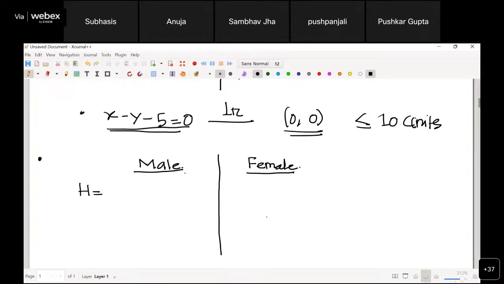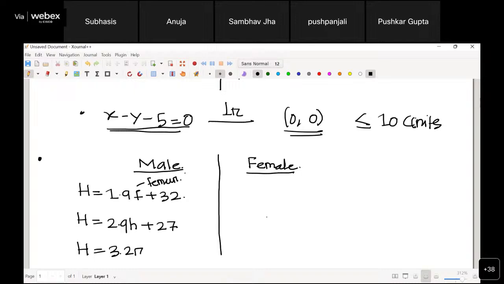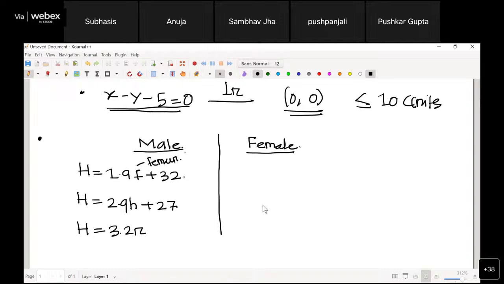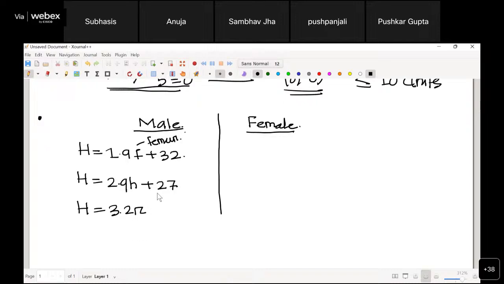Using that you can approximate the height of that person. This F represents the femur bone. The height is represented as 2.9 F plus 27. The next one is H equals 3.2 H. As you can see, all the heights can be written as a function of the bone length.